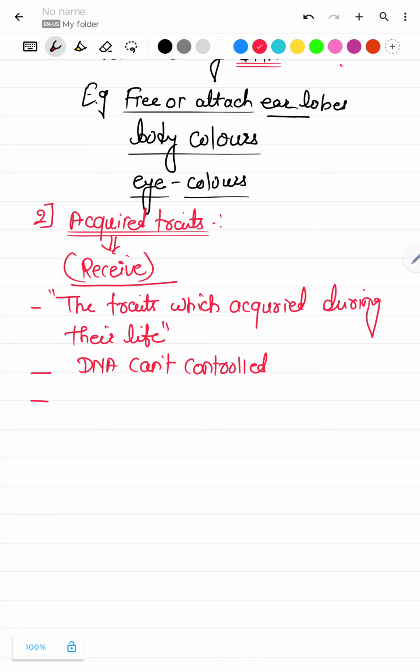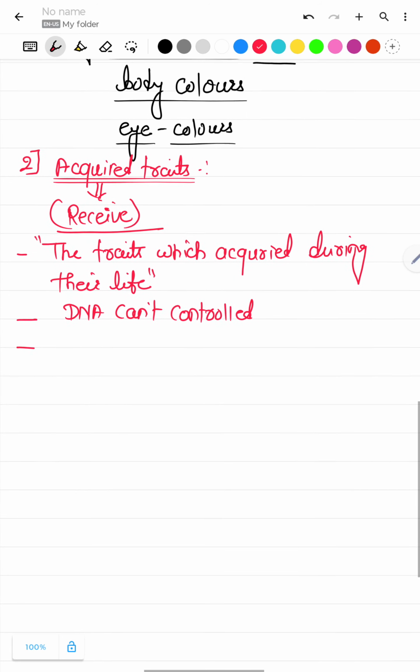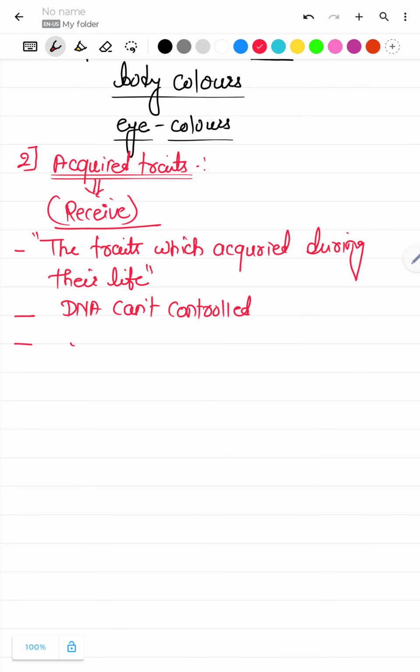If a person has an accident and any organ becomes lost or damaged, these are acquired traits. So what do we write as the example of acquired trait here? Loss of an organ in an accident.